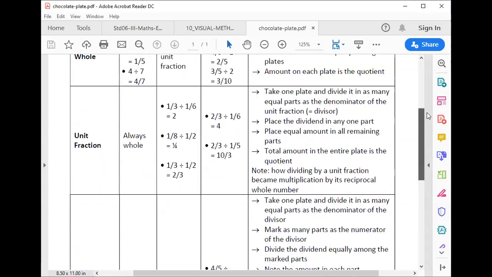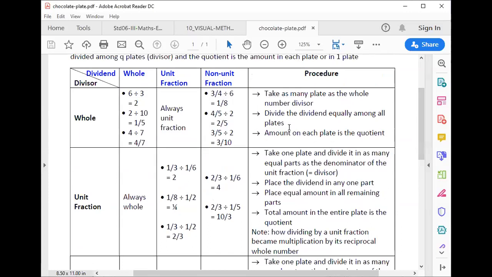And this is where the steps are very important. So this is the procedure. Remember the divisor is the number of plates. So you take as many plates as the whole number divisor, and then you divide the dividend equally among all the plates, and the amount on each plate is the quotient. So fairly straightforward.